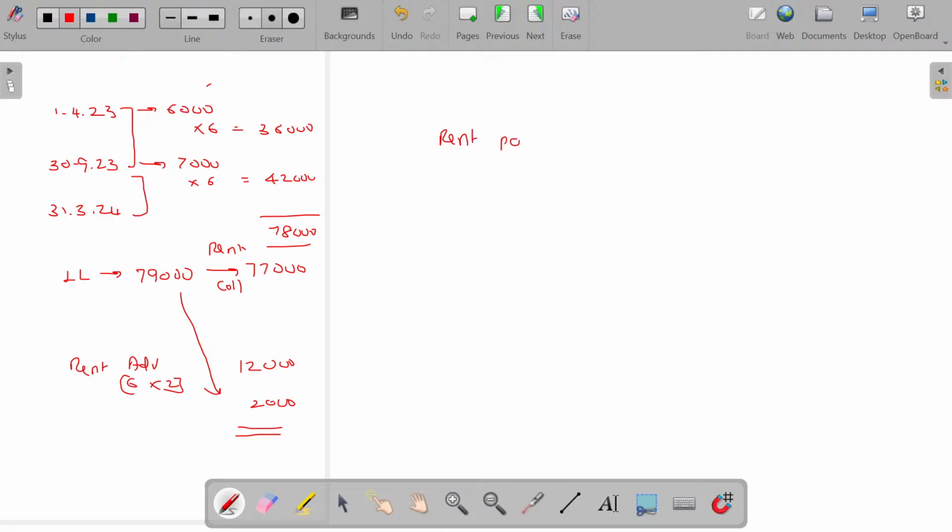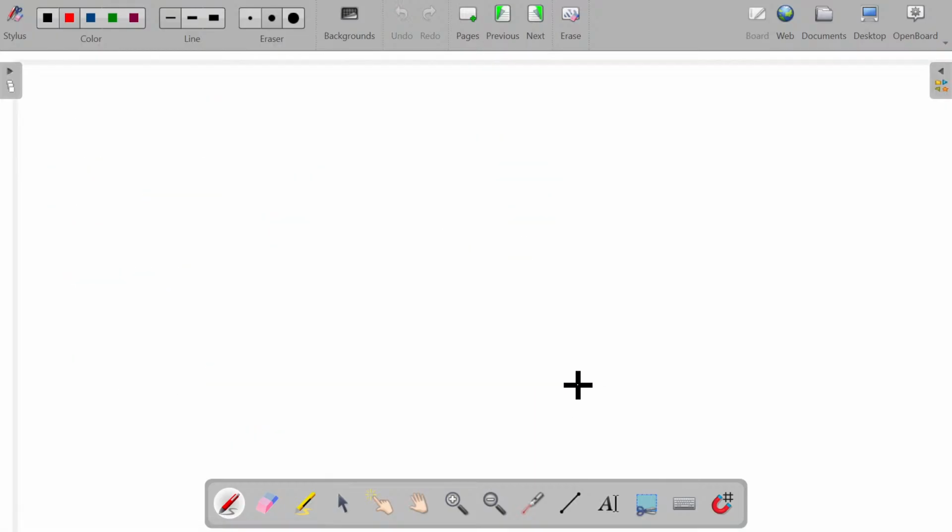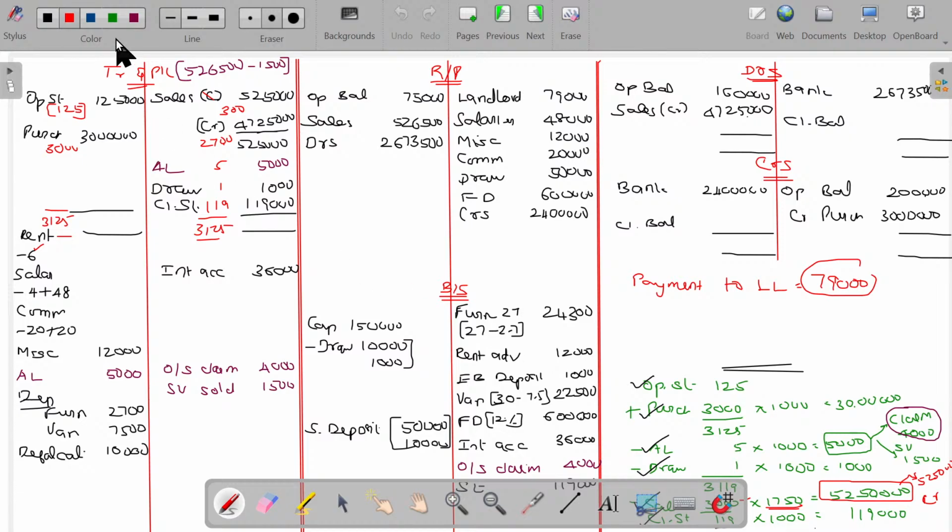Rent paid, add outstanding of the current year, less outstanding of the previous year, then the ultimate value being rent expenses. Rent expenses being, as per the information, 78,000. This 78,000 should be in the payment side, rent. Okay, rent will be 78,000.